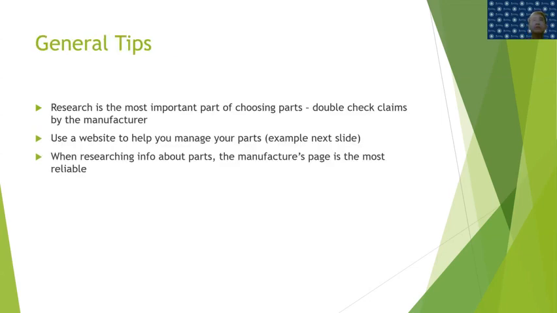So some general tips when thinking about all three of these topics: I would firstly say that research is the most important part of choosing your parts. You should first double check claims by the manufacturer. For example, if the manufacturer says the air cooler you're planning to buy is always going to cool down your CPU, then you should double check that and make sure that's really the case.